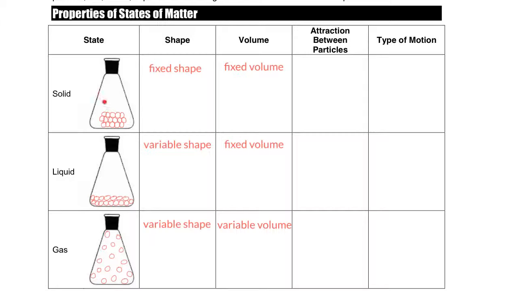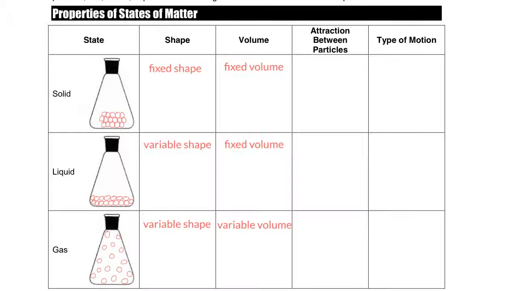So if we take a look at solids, the solid does not take on the shape of the container. It has a fixed shape. Also, the solid does not fill the container, so its volume is fixed.